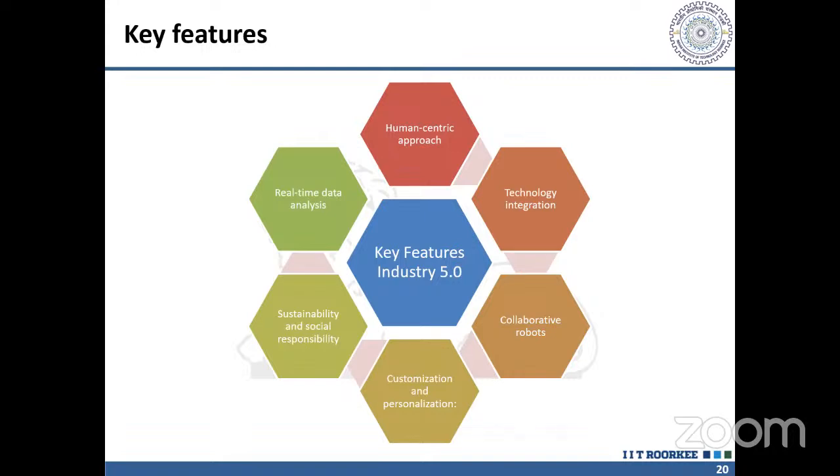Overall, Industry 5.0 is characterized by the integration of advanced technologies with a human-centric approach to manufacturing, a focus on sustainability and social responsibility, and a commitment to flexibility and agility. By emphasizing these features, the manufacturing process can be improved and made more efficient.